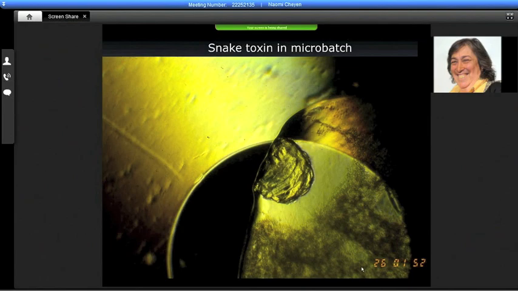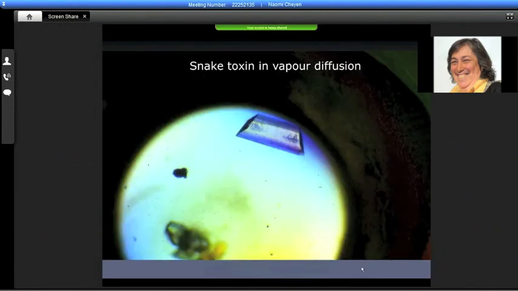And we got this, as you see, you could see that it's crystalline, but we couldn't get any better than that. So we didn't know what to do, and started adding additives to it. Still didn't work. And then we thought, let's try to convert it to vapor diffusion and put in this additive screen. And one of the additives that worked was dioxane.